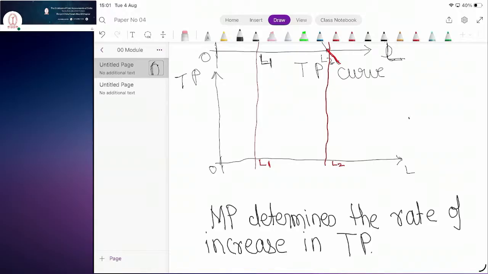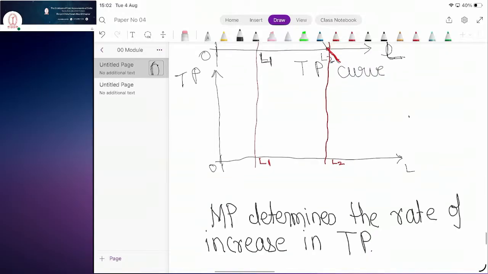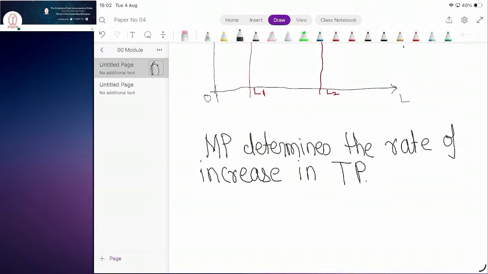If you know calculus, you will see that this is the first derivative of total product with respect to labor. Marginal product determines the rate of increase in total product. Have you got this? Can I proceed?